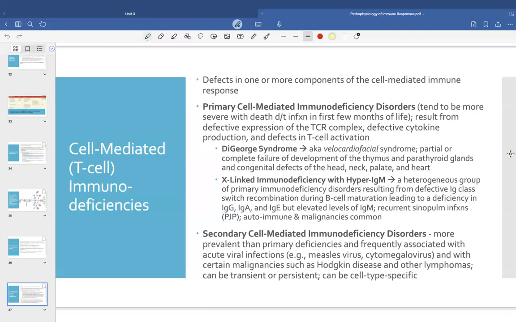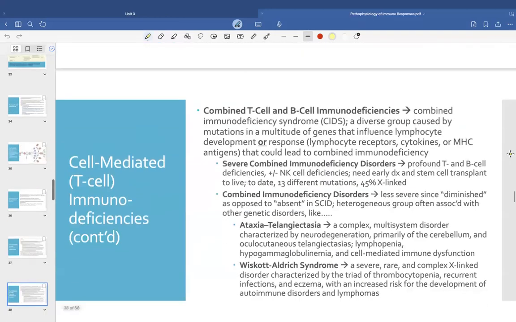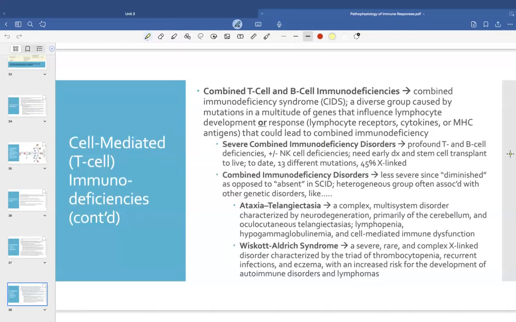Looking at some more of your cell-mediated deficiencies, you have combined T and B cell immunodeficiencies, which was on the chart as well. This is, again, quite a diverse group.